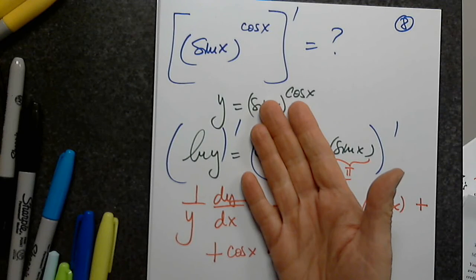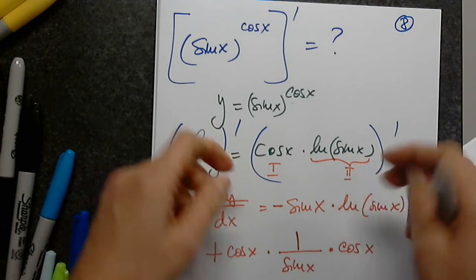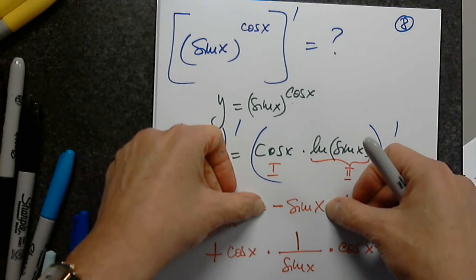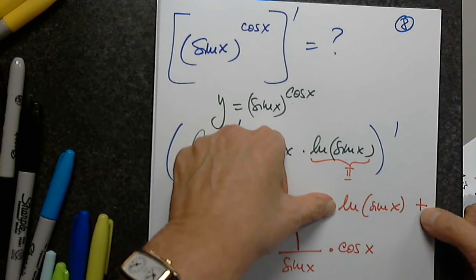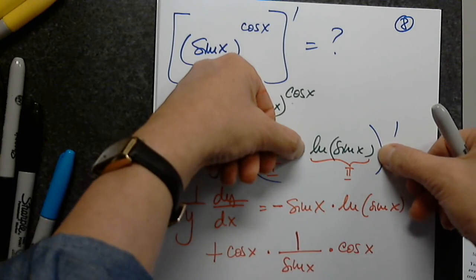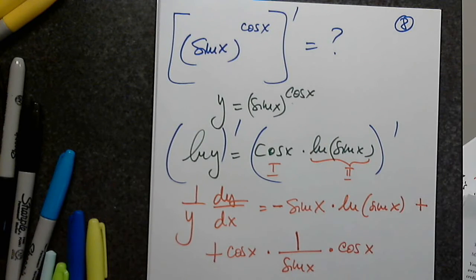Is that okay? Now the right-hand side. This is a product of two functions. I differentiate cosine first and I get negative sine times the second function, then plus. I copy the first function, but I have to differentiate the second one. It's the outer and the inner. When I differentiate the outer, I get 1 over sine x. And then when I differentiate the inner, I get cosine x.